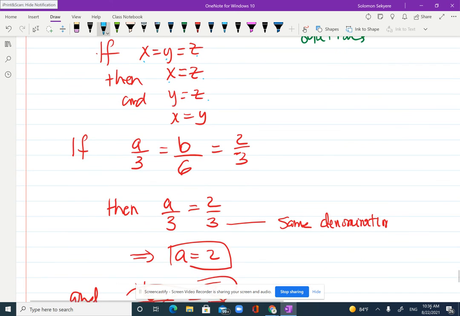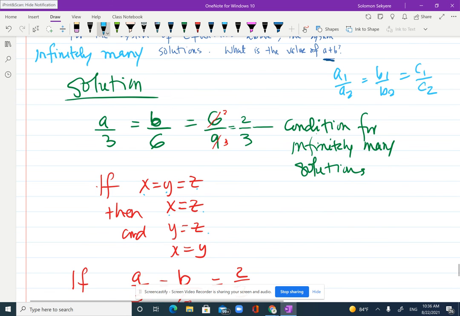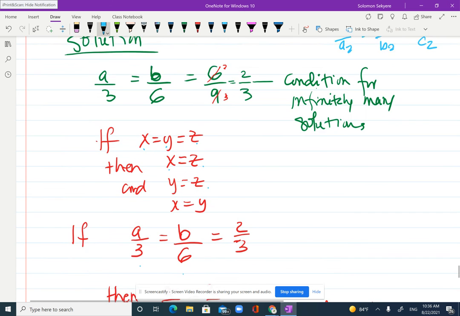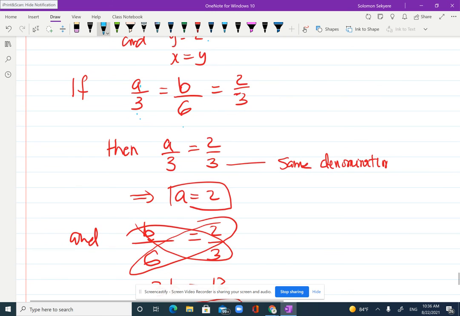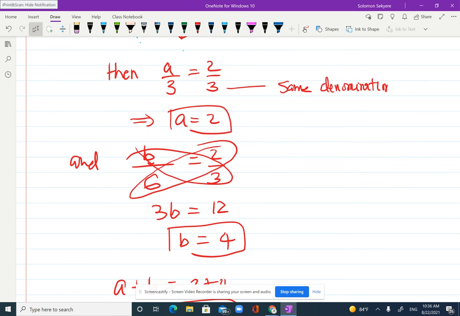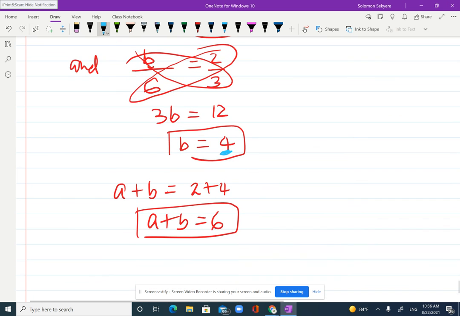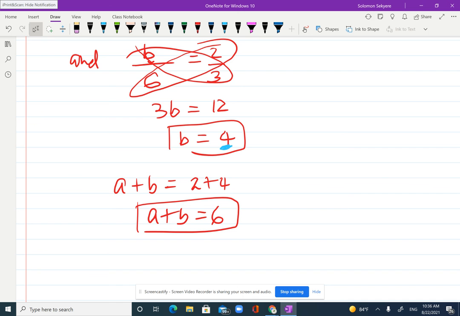So what does this mean? a over 3 is equal to b over 6 is equal to 2 over 3. Remember, 6 over 9 is 2 over 3. That means a over 3 is equal to 2 over 3, so a equals 2. And b over 6 is also equal to 2 over 3, so b equals 4. a plus b equals 6. You're done.